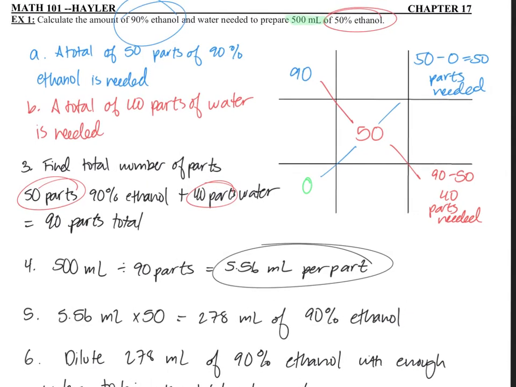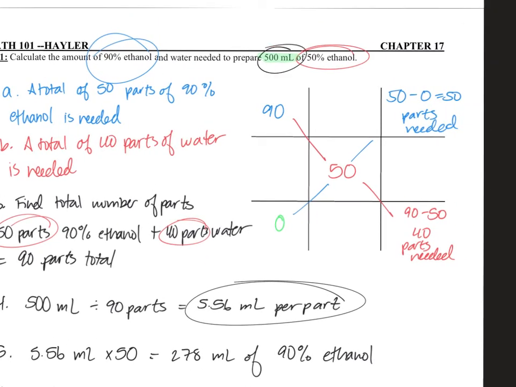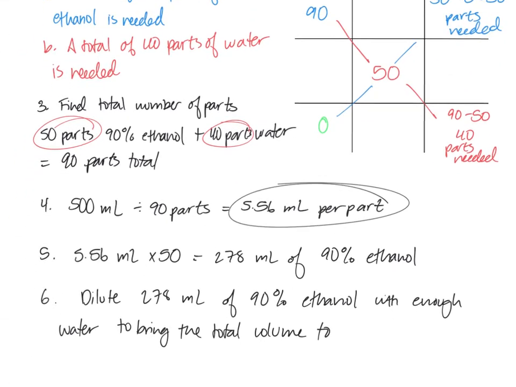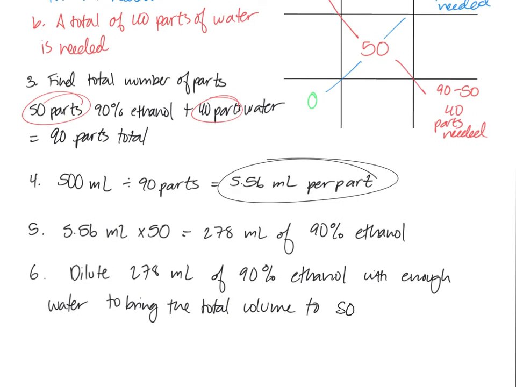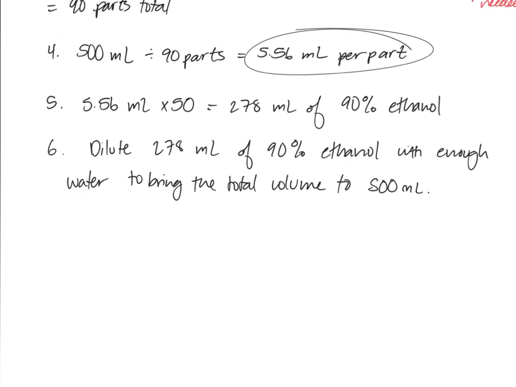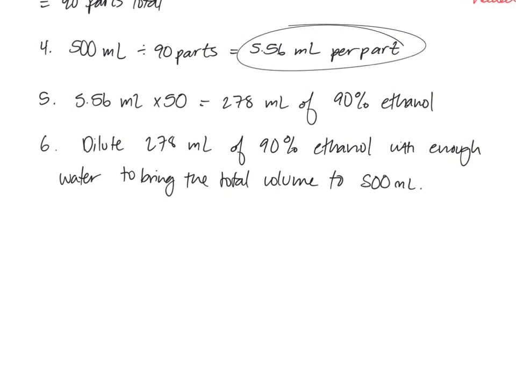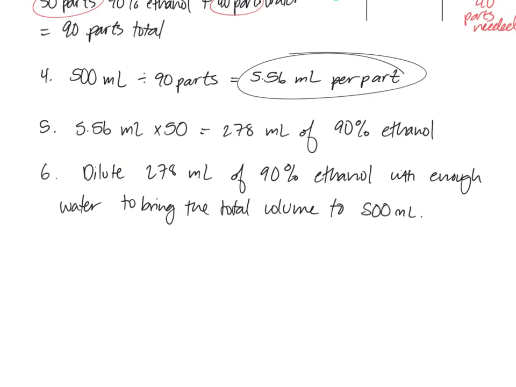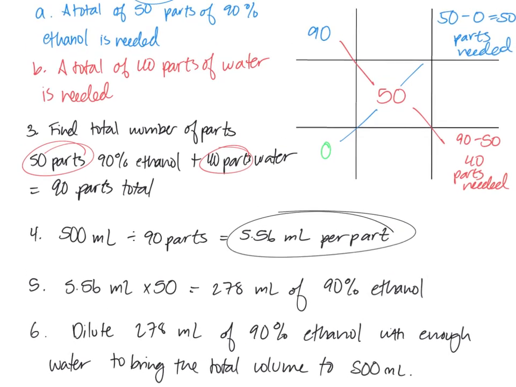We wanted 500 milliliters, so bring the total volume to 500 milliliters. And there we go. So, 278 milliliters of the 90% ethanol with just enough water to bring the total volume to 500 milliliters. Lots of little steps here, but they're pretty well labeled out.